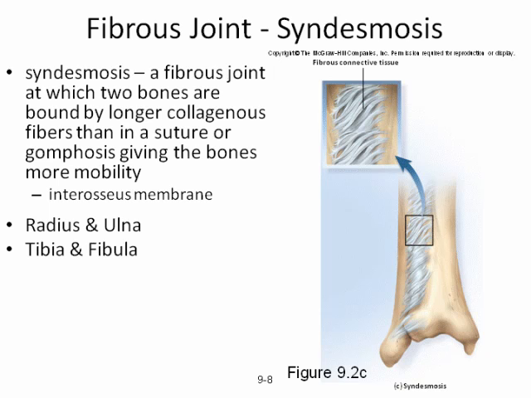Now, the third type of fibrous joint, syndesmosis, is what we see between the radius and the ulna. We also see it with the tibia and the fibula. Right? And again, it is a fibrous joint, as you can see right here.